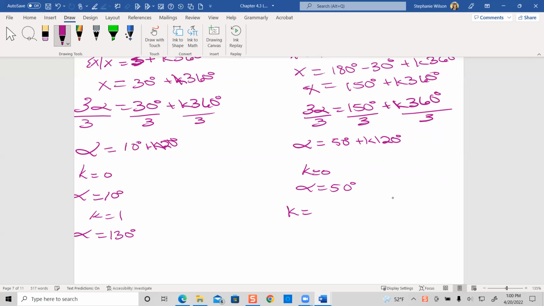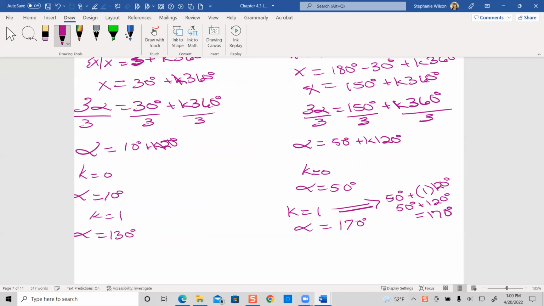When k is equal to 1 here, we get alpha is equal to 170 degrees. And guys, if you need to, plug it in. That's 50 degrees plus k, which is 1, times that 120 degrees, which gives me 50 degrees plus 120 degrees, which equals 170 degrees.